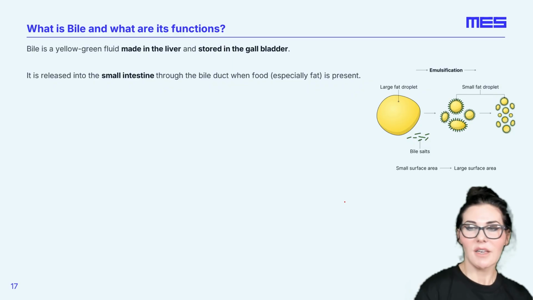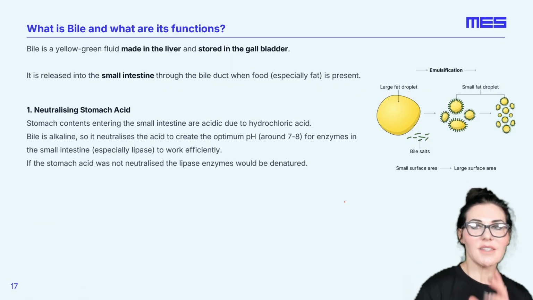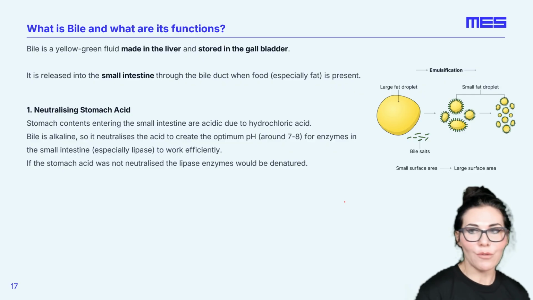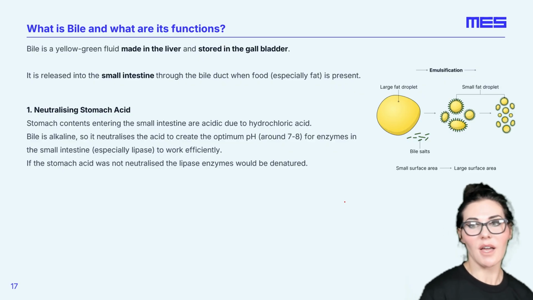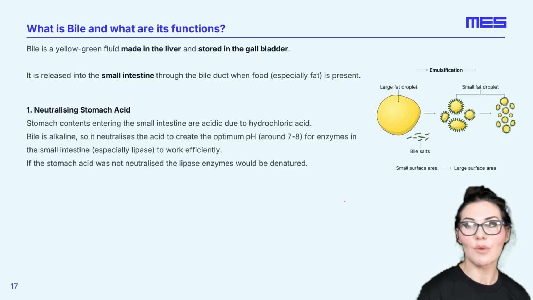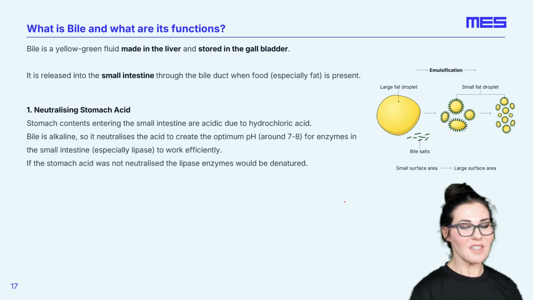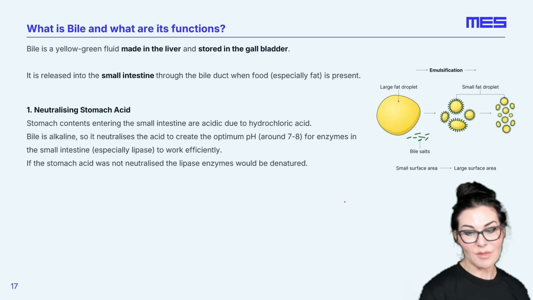Now, it actually has another function as well. That is actually a really important function. It helps to neutralize the acidity of the food coming out of the stomach into the small intestine. Remember that in the stomach you have a really, really low pH of around 1 to 2 because hydrochloric acid is produced in the stomach for the protease enzyme to work at its optimum. But that acidity is not going to be good for the enzymes of the small intestine.